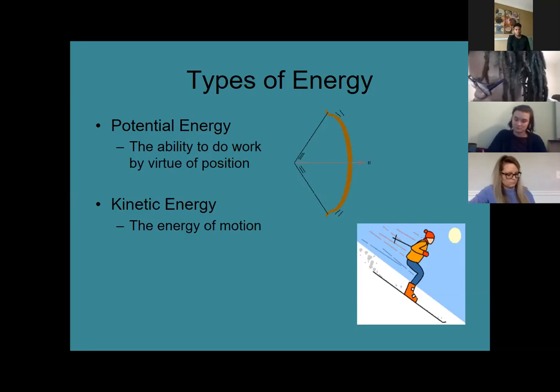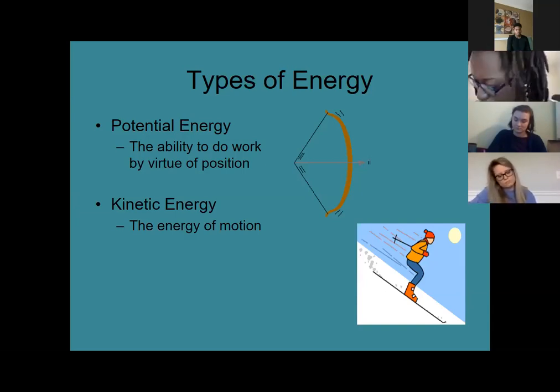If we think about a rubber band pulled back, about to let go, it has potential energy. So when you think of potential energy, think of position. Energy by virtue of position.